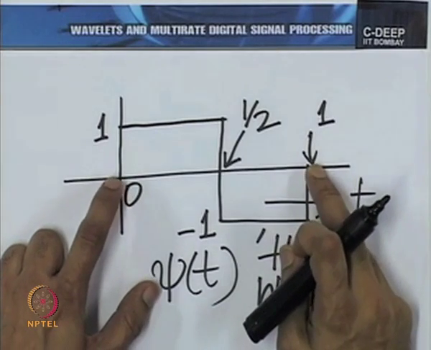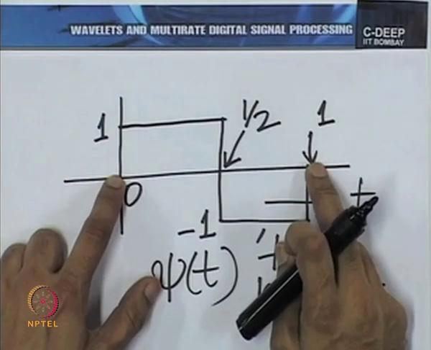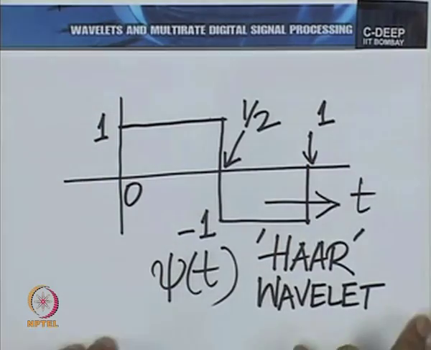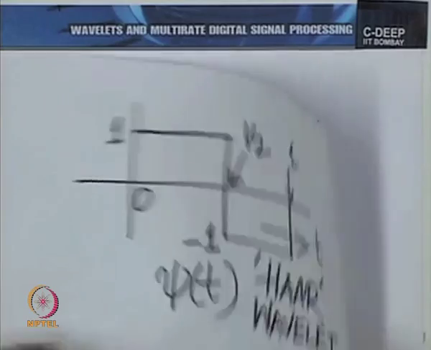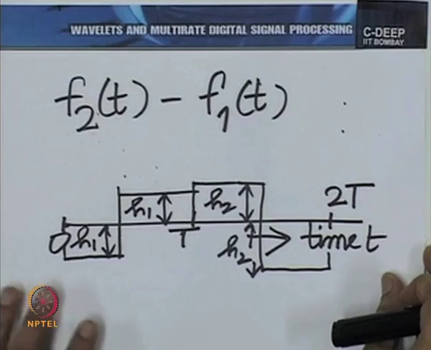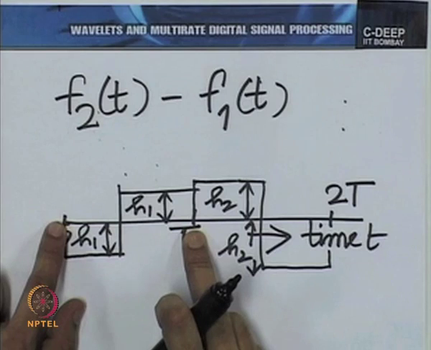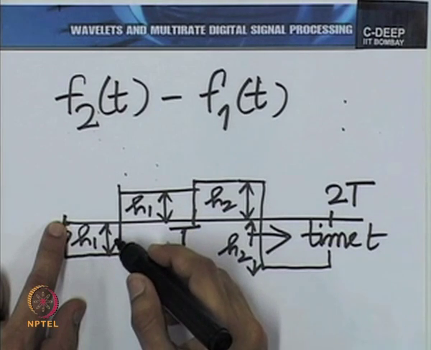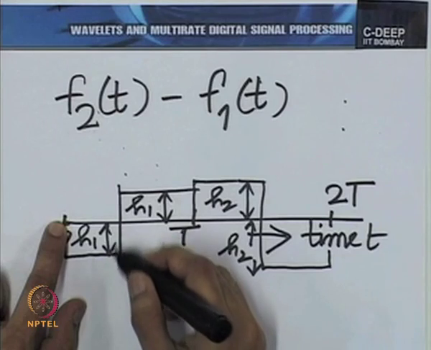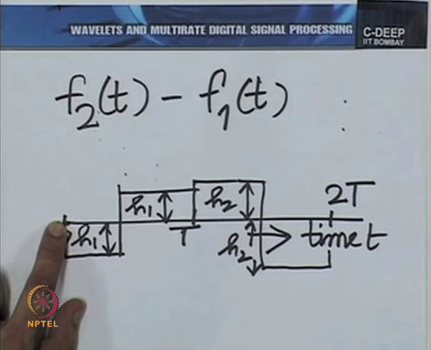So, if I were to dilate this function to occupy an interval of T and bring it to this particular interval of T. So, I dilate that function psi(t) and bring it to this interval of T, and then I multiply psi(t) so dilated by the constant h1.